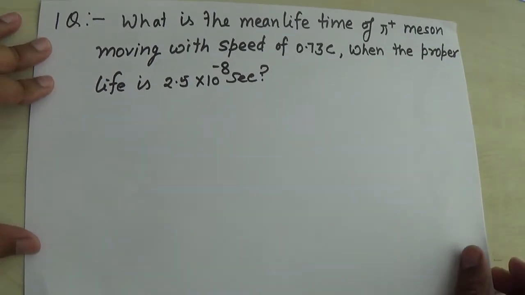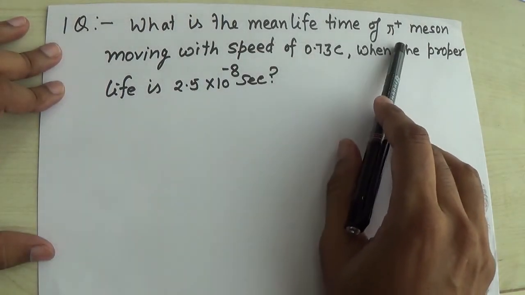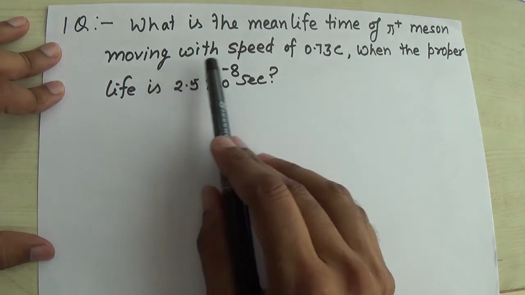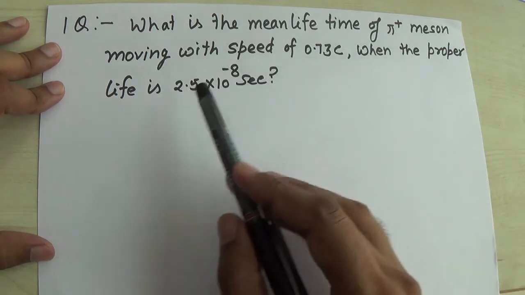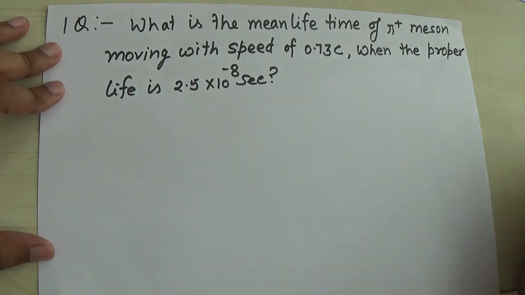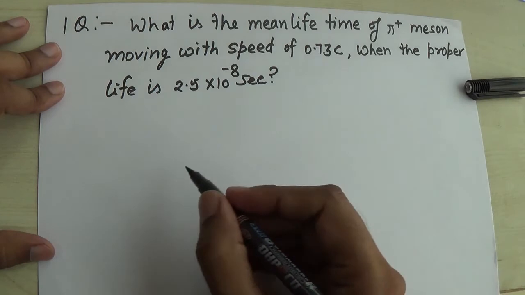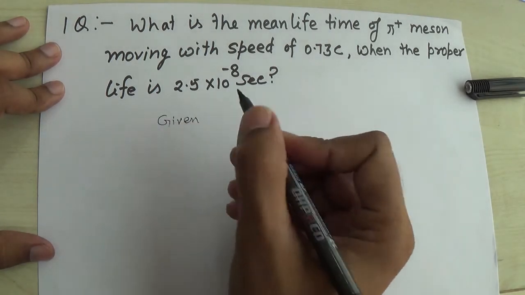So the first problem is: what is the mean lifetime of a pi plus meson moving with a speed of 0.73 c when the proper life is 2.5 into 10 to the power minus 8 seconds? In this numerical problem, first of all we have to see what is given.